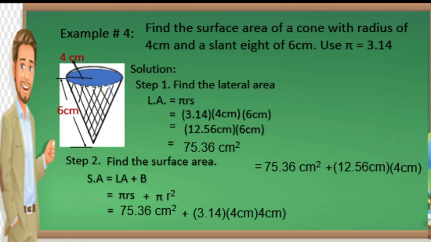So, copy again 75.36 and then add the product of 12.56 and 4 centimeters. So that is equal to 50.24 square centimeters. So therefore, the surface area is equal to 125.6 square centimeters. So that is the surface area of a cone.